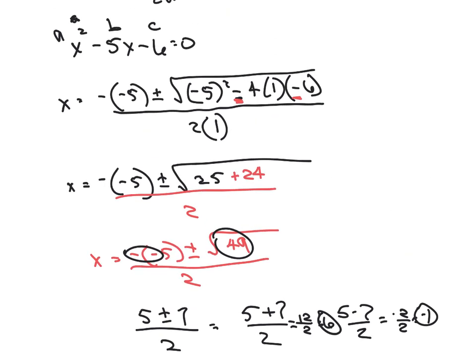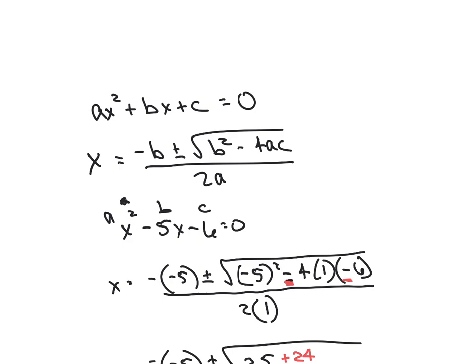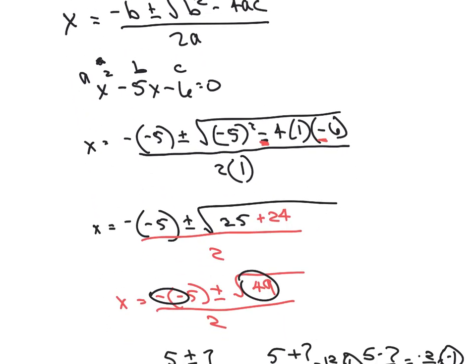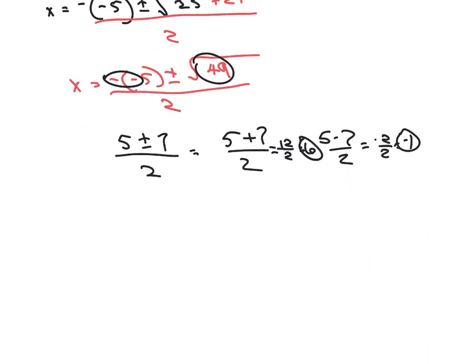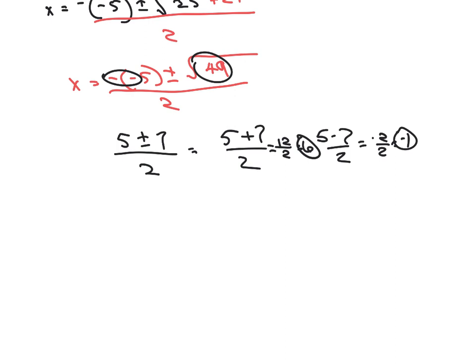So remember, clear back up here, when we solve this by dividing it into two binomials, we got the same answer. Okay, so the quadratic formula and completing the square both work for everything. Factoring does not always work, but it's your go-to because it's the easiest one to use in case you can factor.